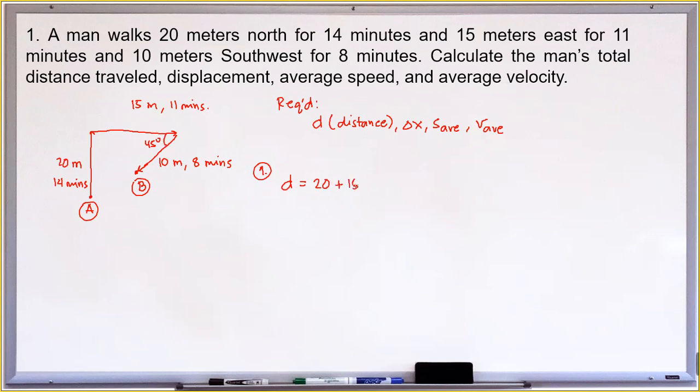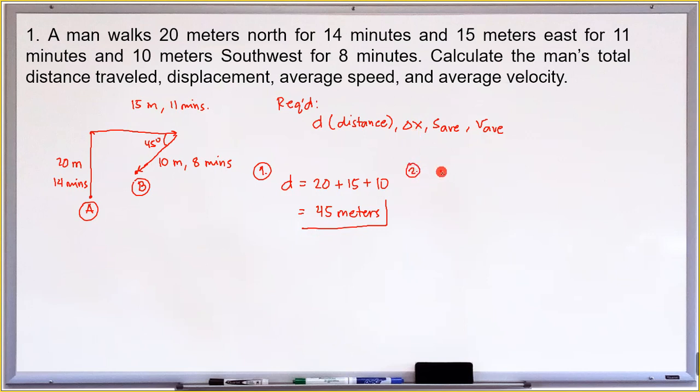Third part, that is 10 meters. Okay. So we just add: 20 plus 15 plus 10, so we have 45 meters. That is the distance he covered.